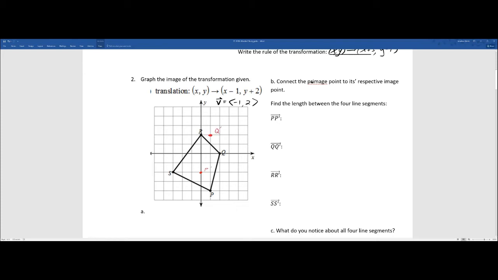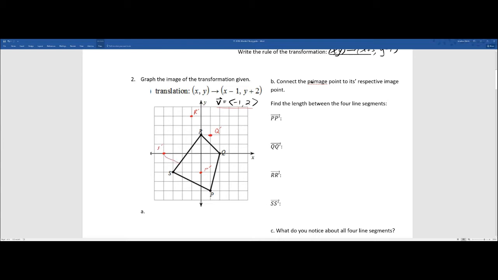Don't forget the prime notations. Same thing with R, to the left 1, up 2, and that'll be R prime. I'm just applying the vector here. Last but not least, S to S prime. So left 1, up 2, and there is S prime.